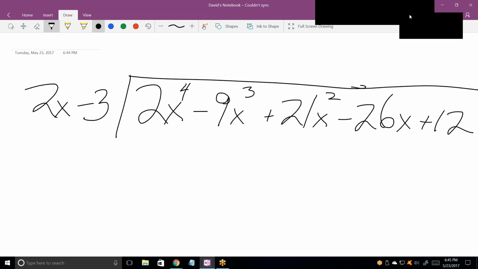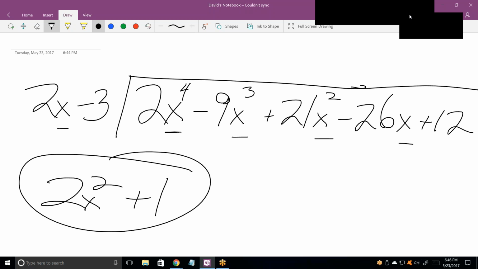All right. First of all, notice one thing about the divisor and the dividend. Neither one of them is missing a grade of x. In other words, we've got x to the fourth, x to the third, x squared, x. Over here we got x. So we don't have anything that would be missing an x term.